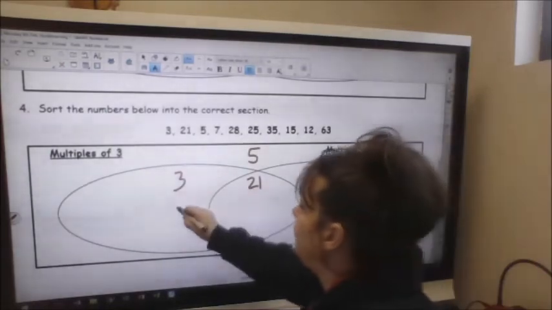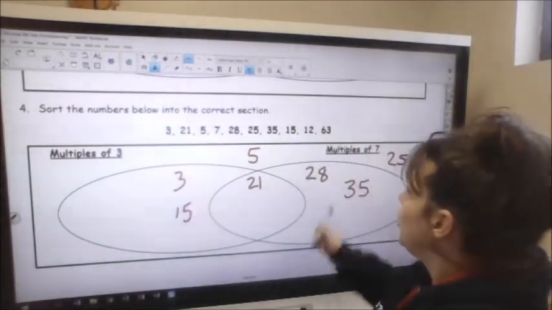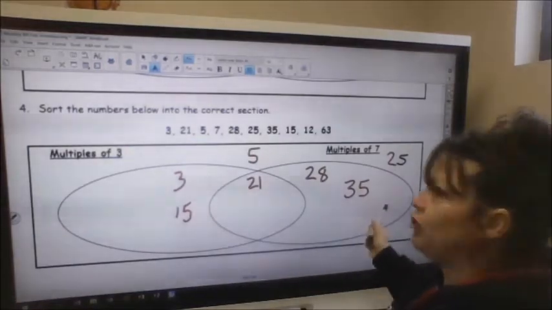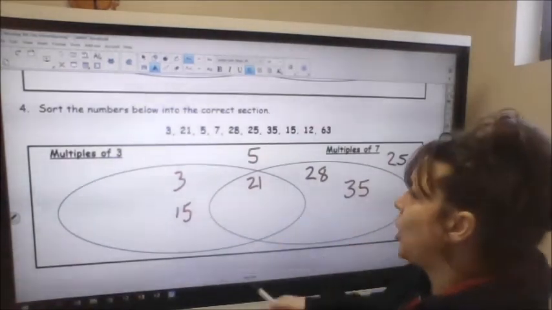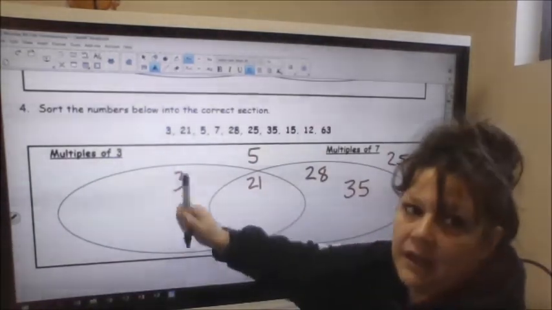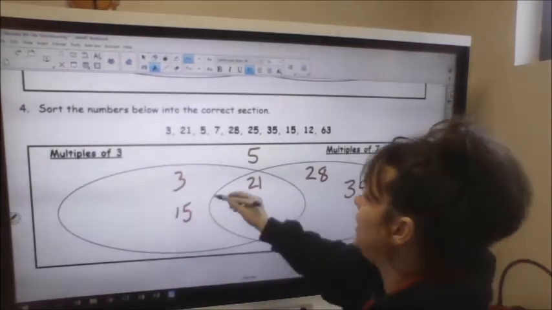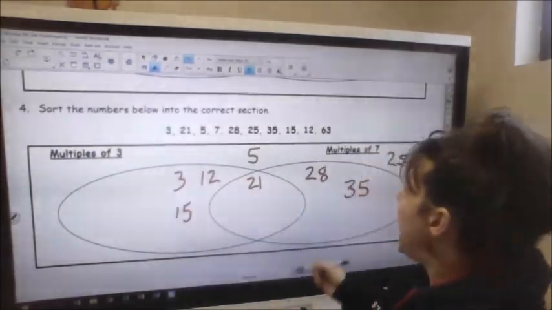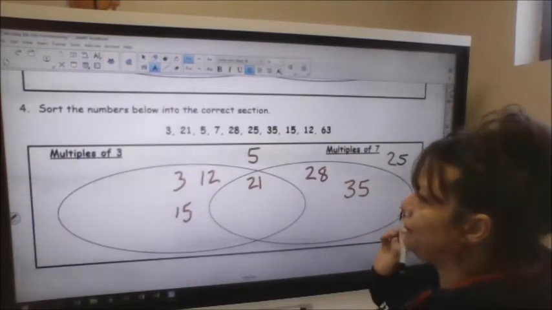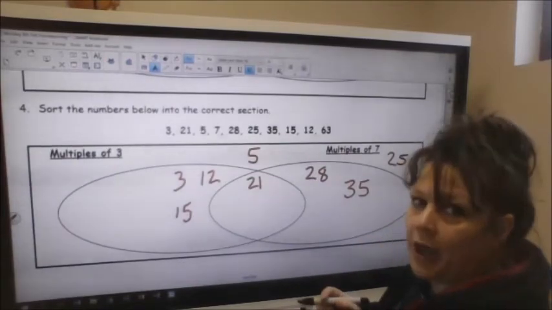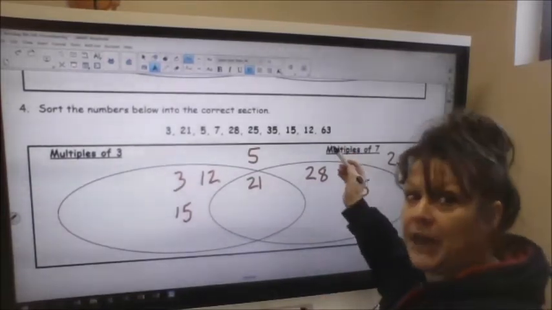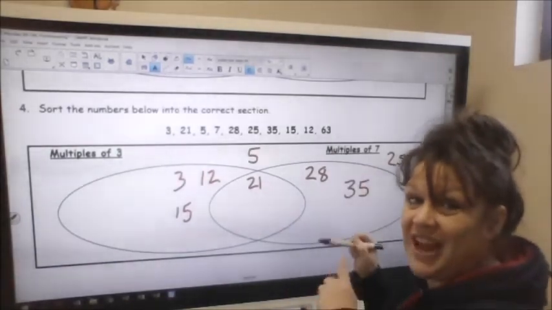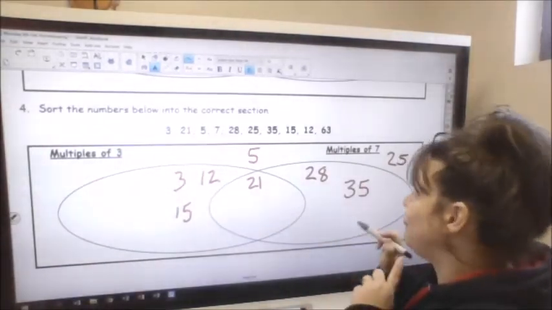No. So 15 there. 12 doesn't appear in the 7 times table, but it does in the 3. 4 3s are 12. And then finally, 63. So it definitely appears in the 7 times table because 9 times 7 is 63.